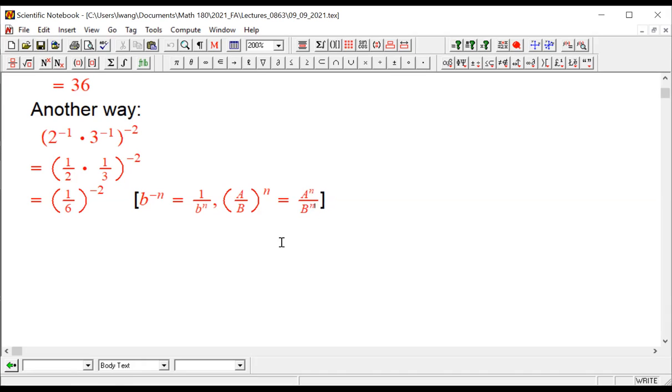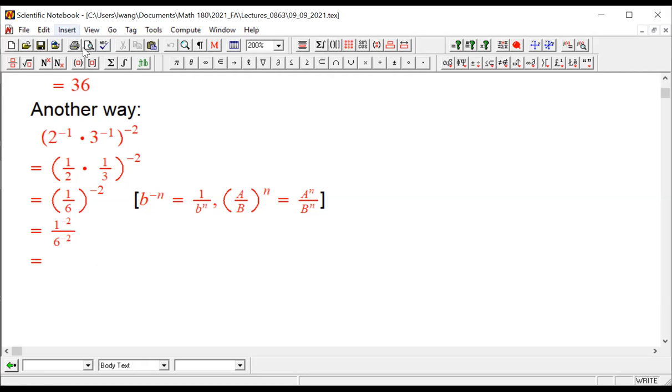Yes? Yeah. Okay, so you can do either way. If you do that formula, you can get 1 to the power of -2, and here is going to be 6 to the power of -2, right? Yes? Yeah. And then use this property again.